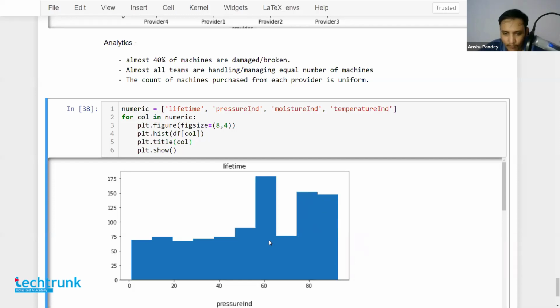Then for around a year or 6 months they didn't purchase many machines, but then again they purchased a high number, and then a uniform number of machines were purchased almost every month. So the lifetime of the machines is uniformly distributed up to 60 months, and then it has a little peak, and then another peak in the data distribution.